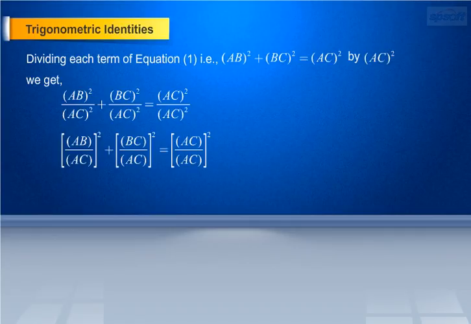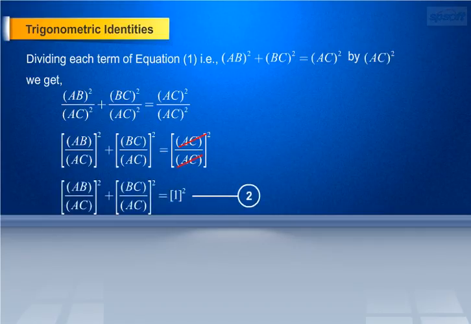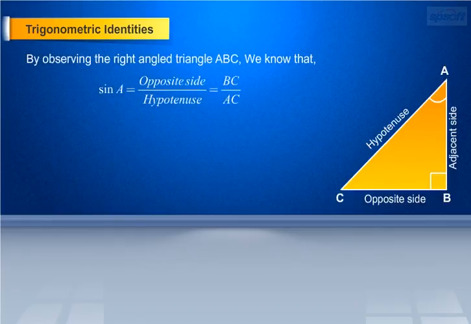AB by AC whole square plus BC by AC whole square equals AC by AC whole square. On simplification we get AB by AC whole square plus BC by AC whole square equals 1 square, make it as equation 2. As we know that sin A equals opposite side by hypotenuse.